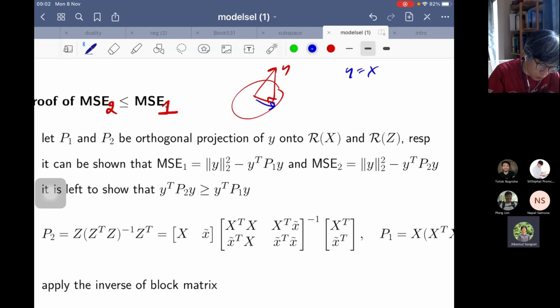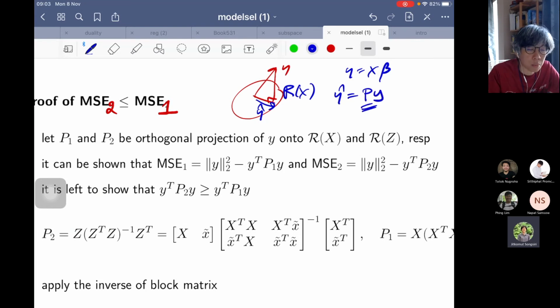If you use the linear model, you project Y onto the range space of X. And your Y hat can be illustrated as a projection of Y by using this matrix P. What is the matrix P? From linear regression, Napat? It's an orthogonal projection matrix. Yes. Do you recall its expression?